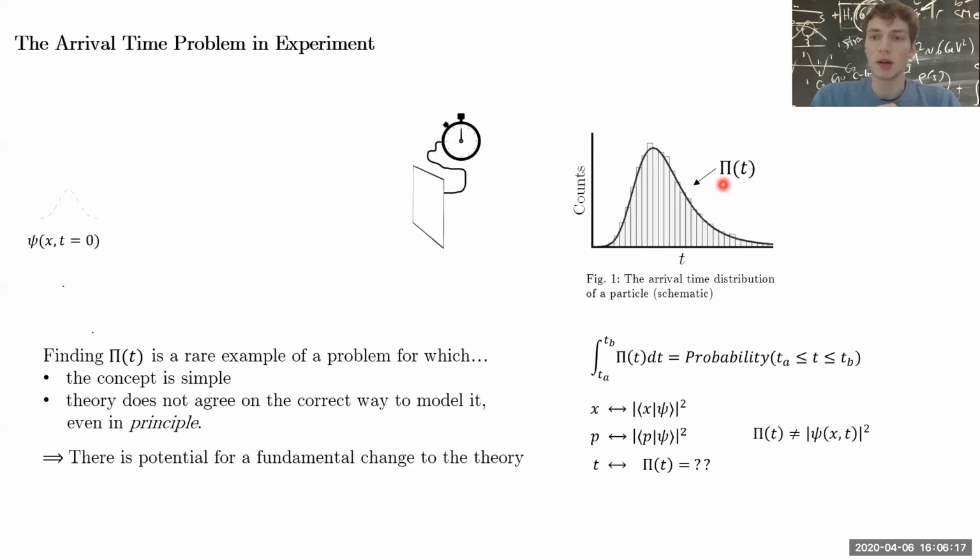Capital pi of t is a probability density function. That means that when you integrate this function from time a to time b, it gives you the probability that the particle arrived between time a and time b. Equivalently, you can say that the probability that a particle arrives between time a and time b is the area under the curve pi of t between ta and tb.